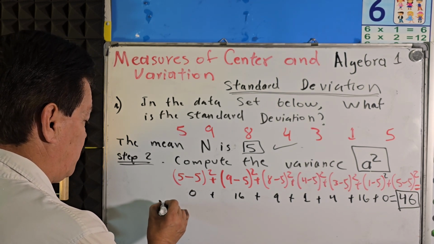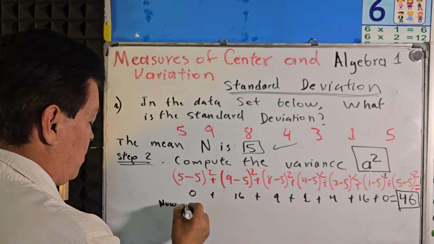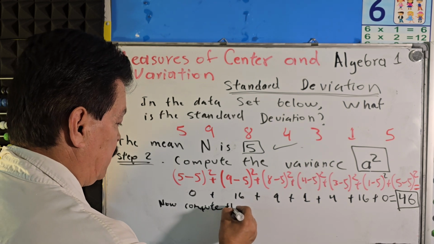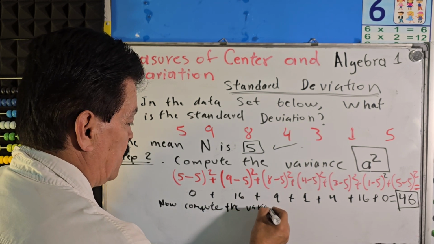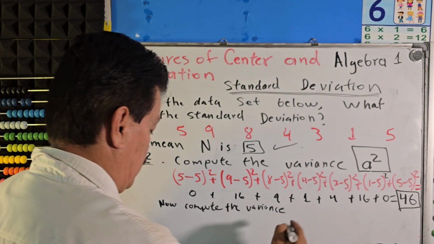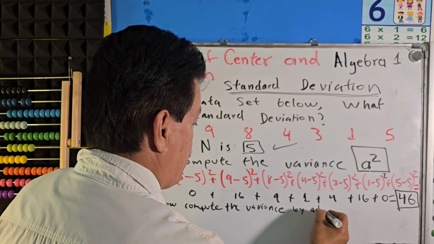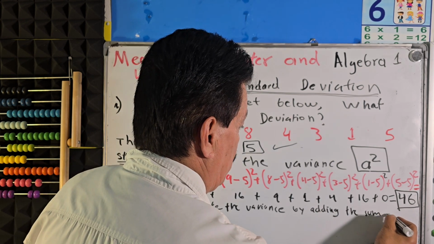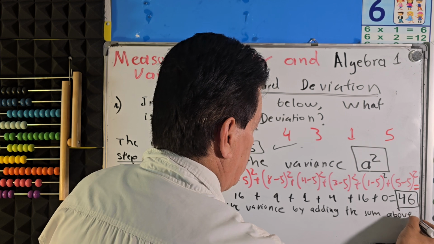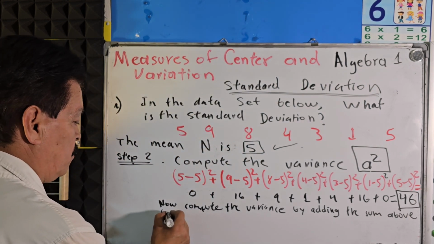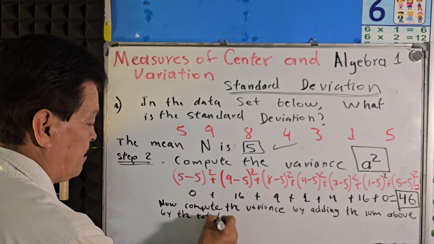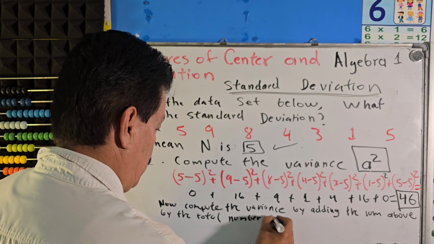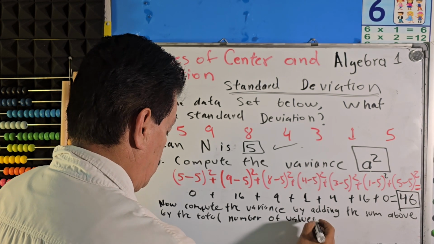Now it's important: compute the variance by dividing the sum above by the total number of values in the set.